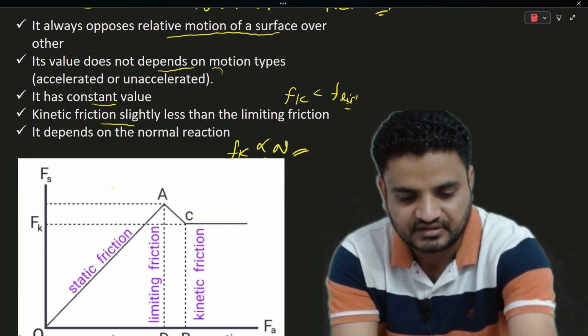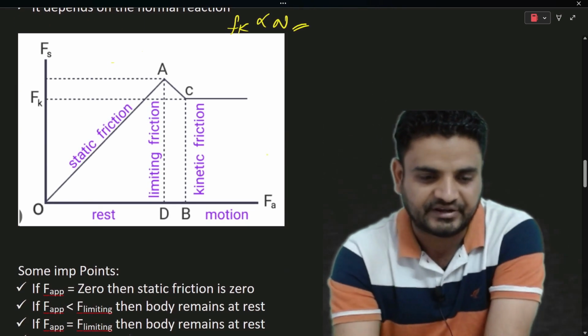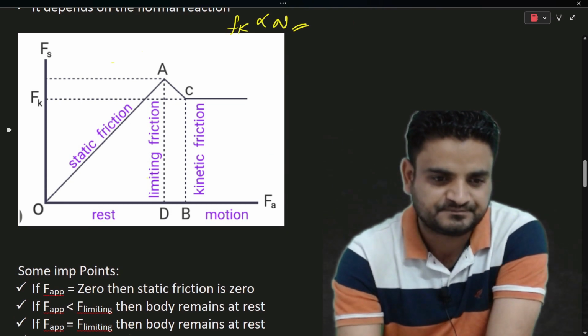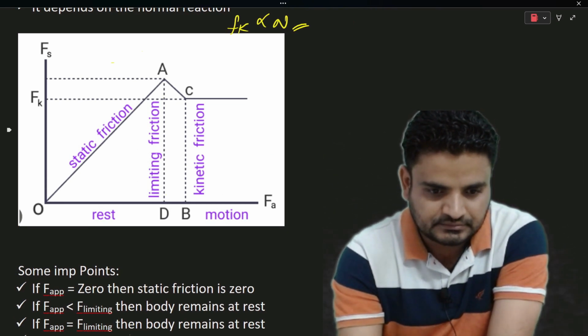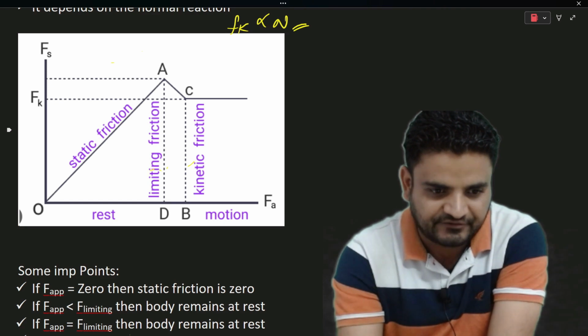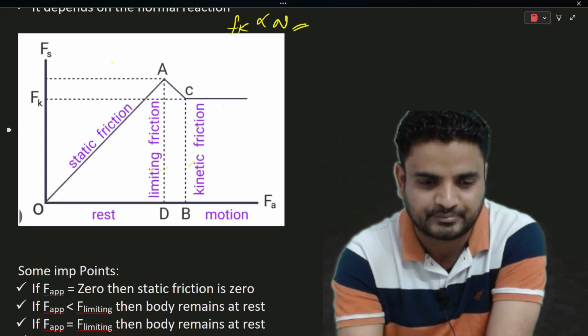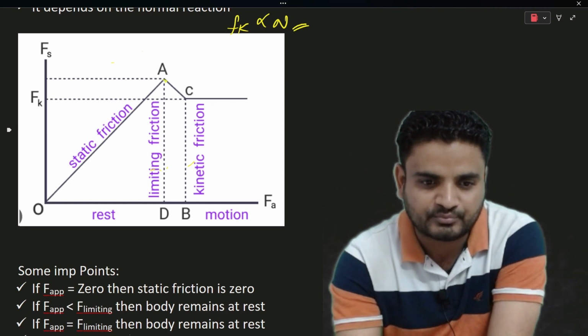Now let's discuss the graph of friction and applied force. In the starting, applied force and friction are directly proportional up to a maximum value, the maximum static friction.